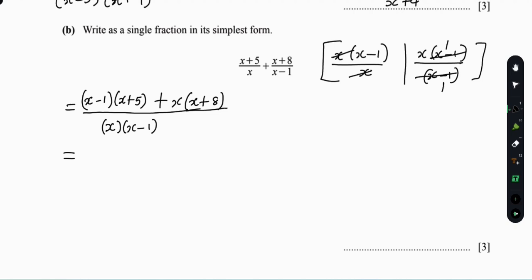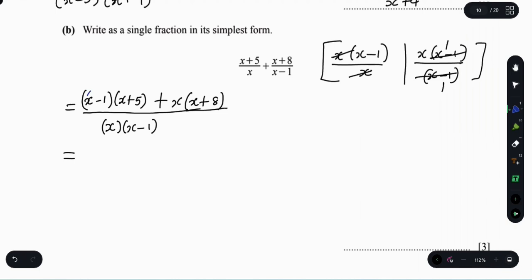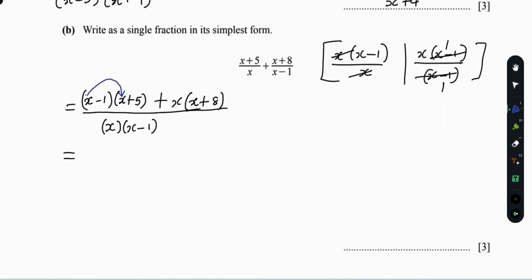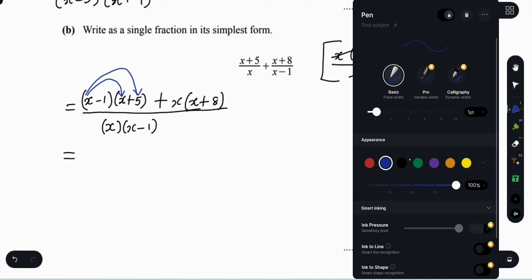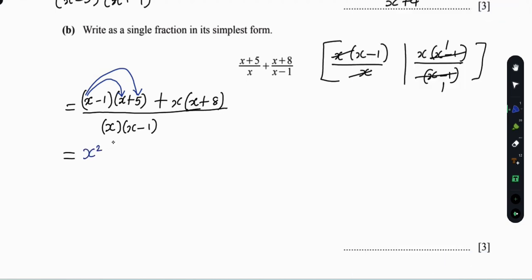Then we can expand the numerator. We need to be careful there. We are multiplying x times x and x times 5. If you multiply x times x, you get x squared, and x times 5 gives 5x.